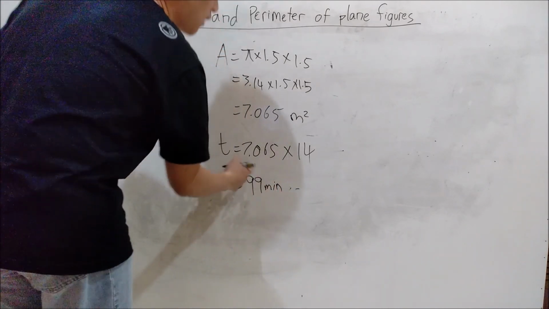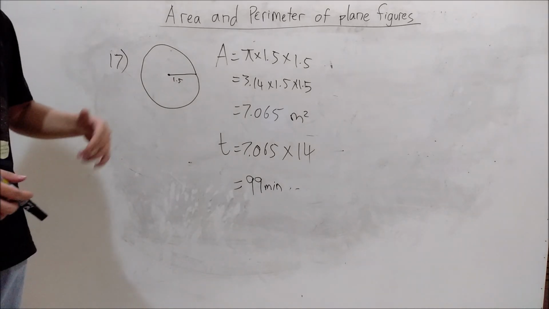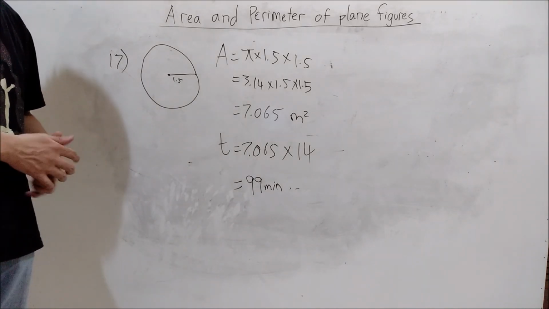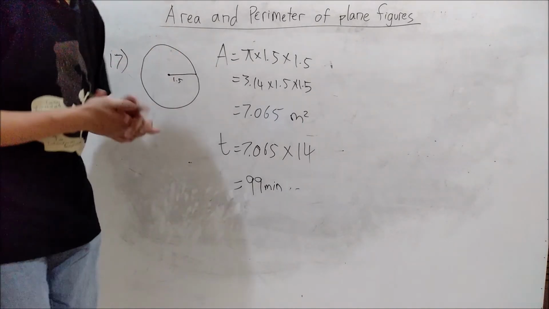Because when you count this, you shouldn't write 98, because 98 means only 7 meters square. However, it is more than 7 meters. So if you count correctly, you will get 98.91 meters square at 98.91 minutes. So I will just round it up, and it becomes 99 minutes. So that's how you get the answer for number 17.